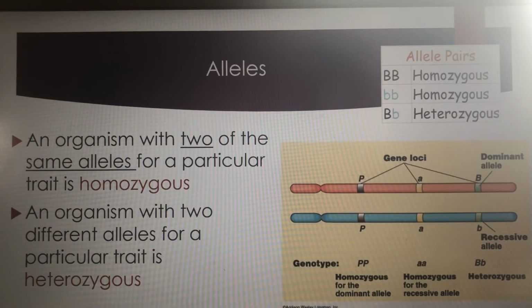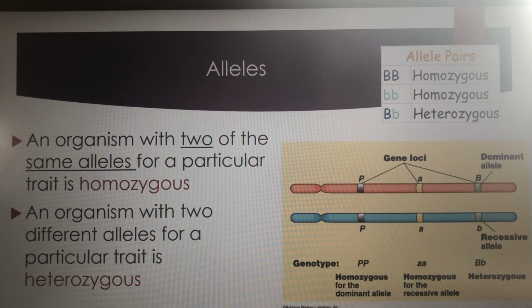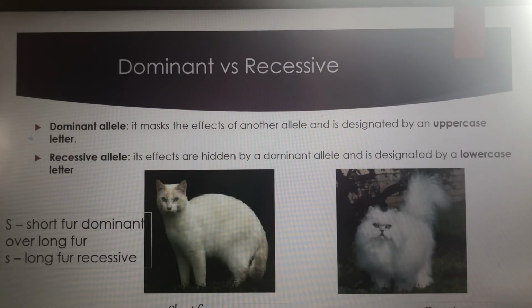okay? An organism with two of the same alleles for a particular trait, we call them homozygous. An organism with two different alleles for a particular trait, we call heterozygote. Okay? That should be review again. These are easy peasy things.